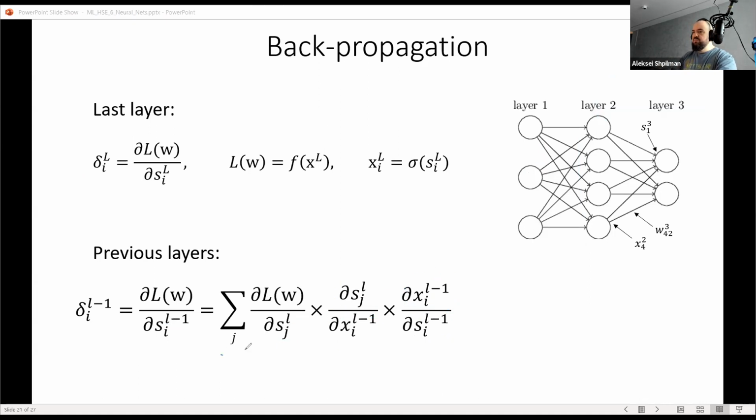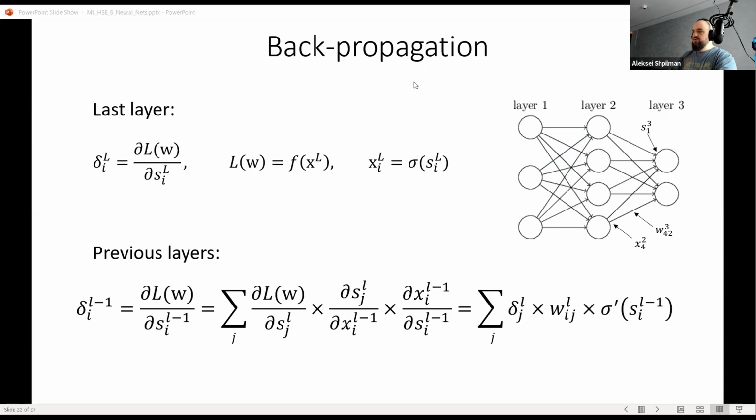And we need to sum up because we calculate from the next layer and this neuron connects to several neurons, so all those deltas influence this neuron. Okay, so what are those? Well, this is just delta from the next layer.